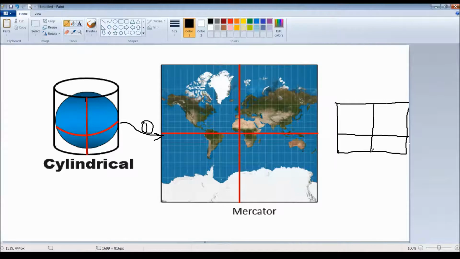Now, here are some of the very important properties. Let's take another line here. Let me use another color. I usually have some difficulties with the colors here because of the background, but let's use this color here. Okay, where is this line going to be projected?